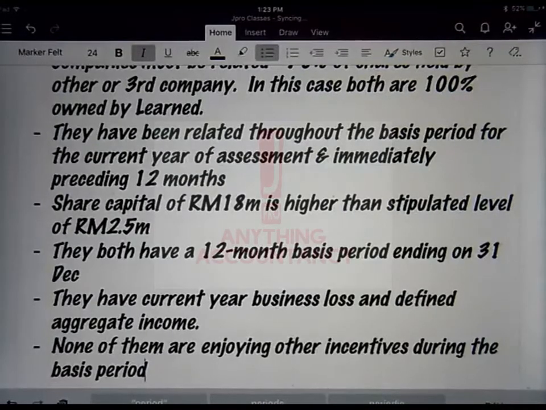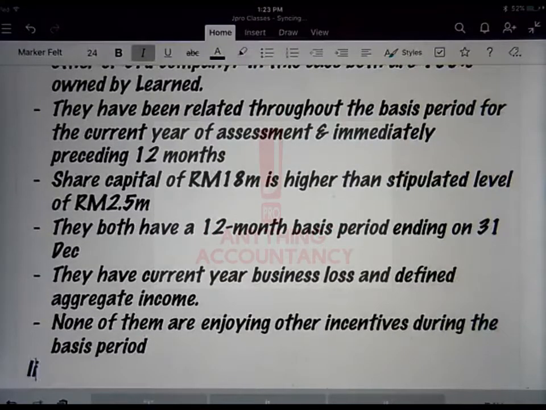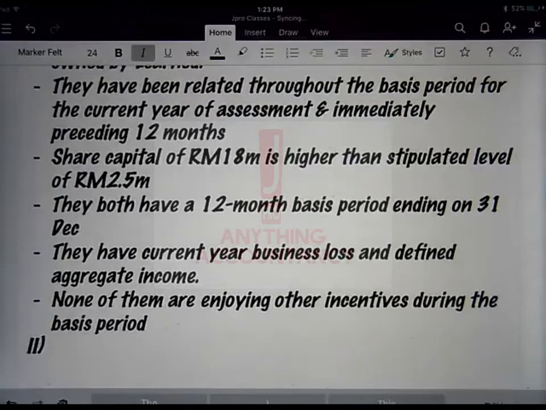Are you okay? Okay, next one. Part B asks, part 2 asks you for what? Who's the claimant company? Yes or no?